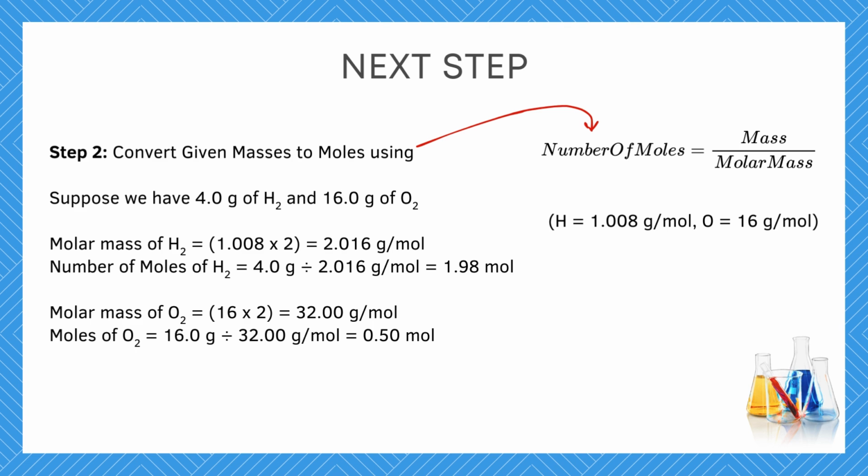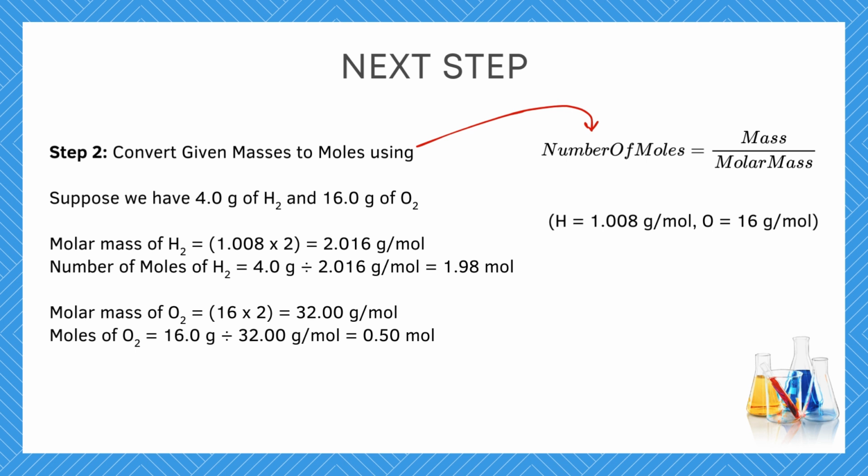For hydrogen, the molar mass is given by H2 and H has the relative atomic mass of 1.008. So therefore, H2 now becomes 1.008 times 2, which gives us 2.016 grams per mole.